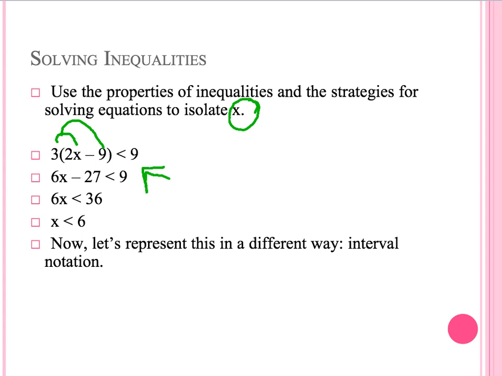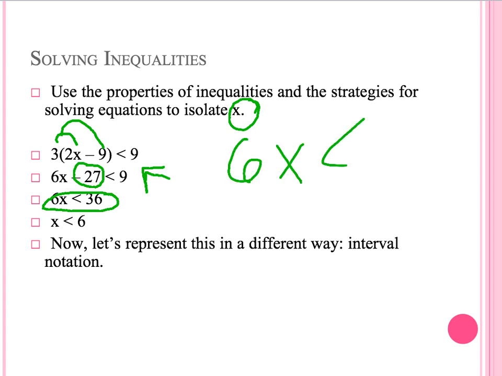Now, our next step will be to add 27 to both sides. When we add or subtract a number, we know that the sign does not change because of our rules of inequalities. Adding 27 to the other side gives us 6x is less than 36. Our last step to isolate our variable x will be to divide both sides by 6.